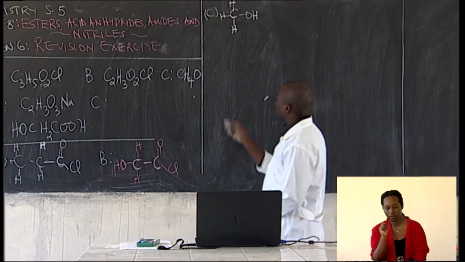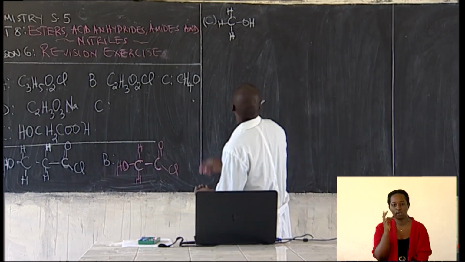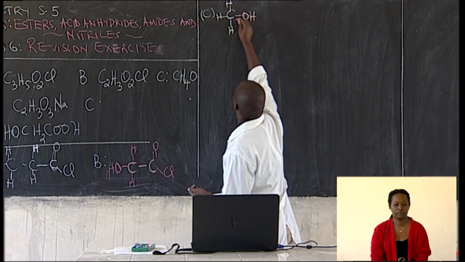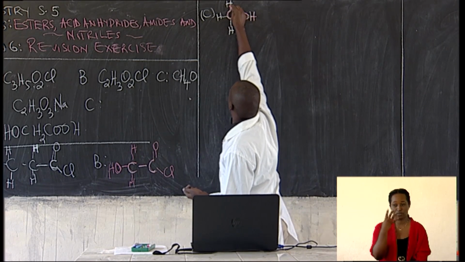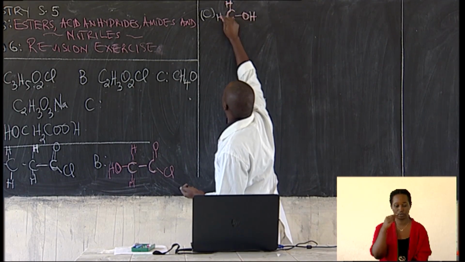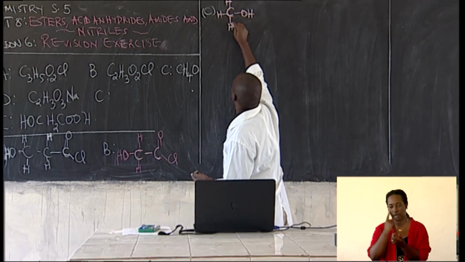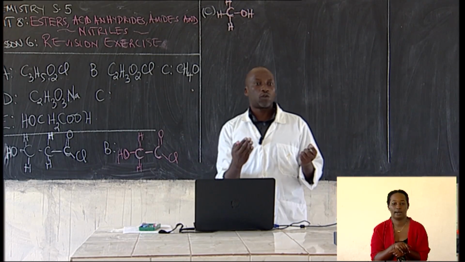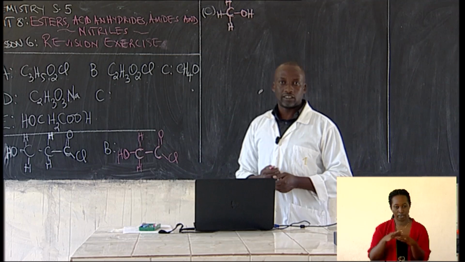How many are those? These are the 4 hydrogens. You need to count the hydrogens once again to confirm that they correspond. So this is the structural formula for part C.